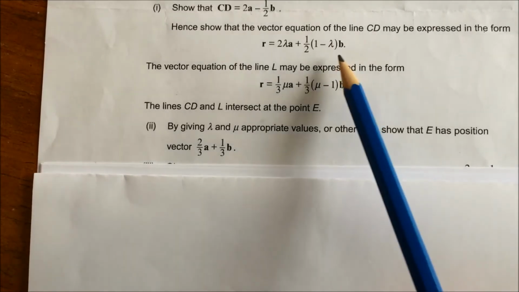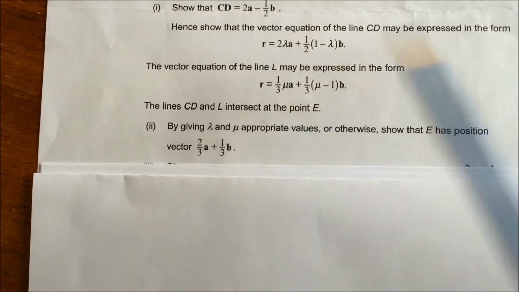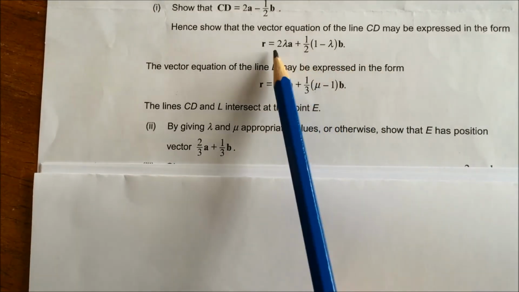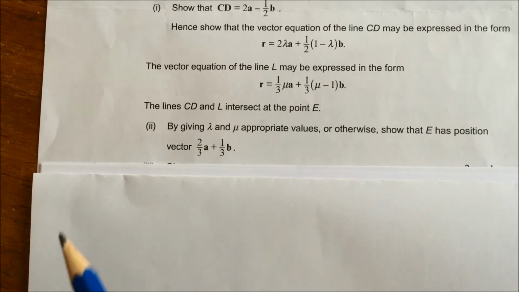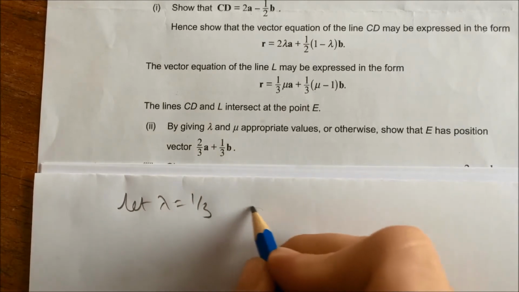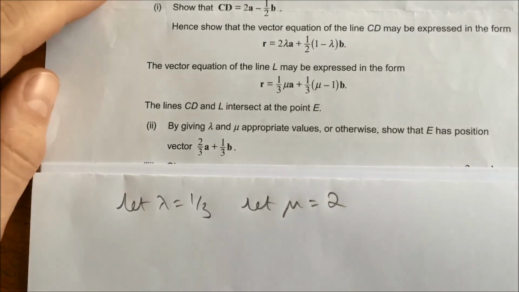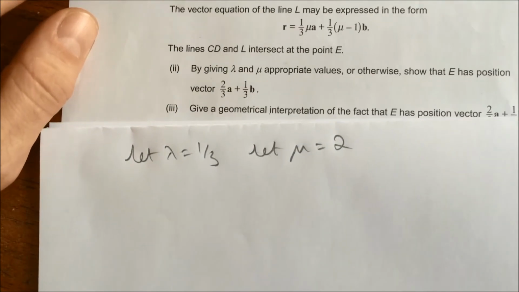So I'm going to substitute lambda for the coefficient of mu, and I'm going to substitute mu for the coefficient of lambda. Okay, so that's a bit of a cheeky trick. So I'm going to let lambda equal 1/3 and let mu equal 2, and then sub those in and let's see what happens.